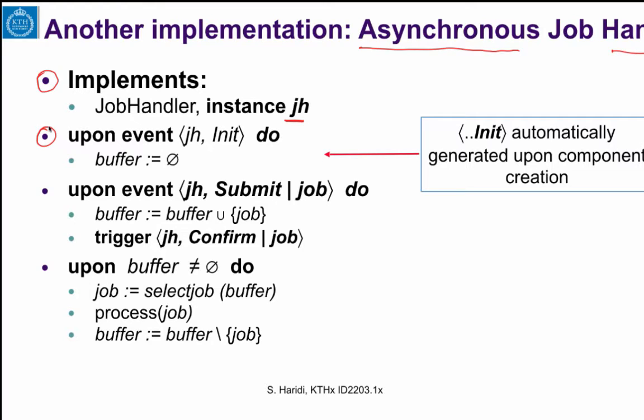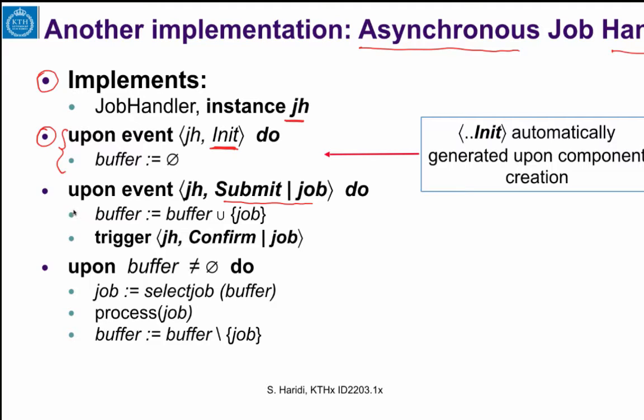We will always use the word init to specify an initial event that is generated and executed when the component is created. Init is automatically generated upon component creation, and it is executed before this component can accept any other events.